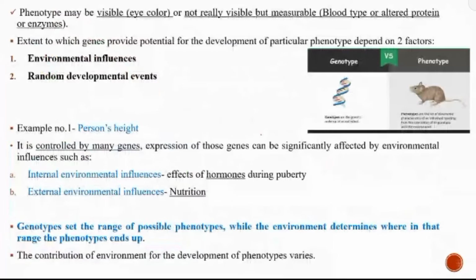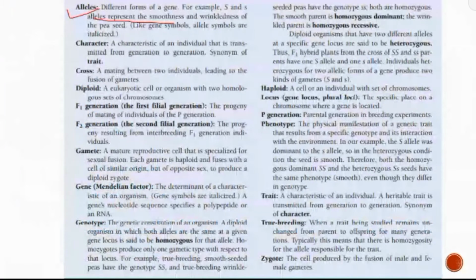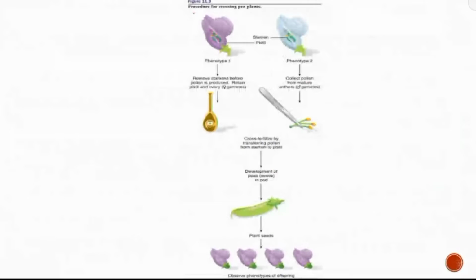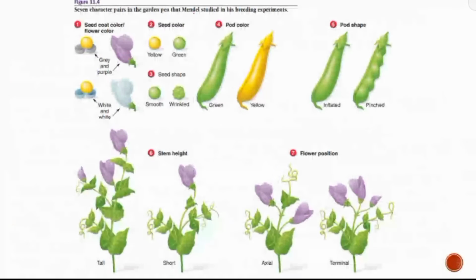For the time being, remember that capital S is for the dominant allele. Dominant phenotype means the smoothness. Whenever pea plants produce seeds, they are either smooth, meaning they have a smooth surface structure or smooth morphology, or some will be wrinkled.